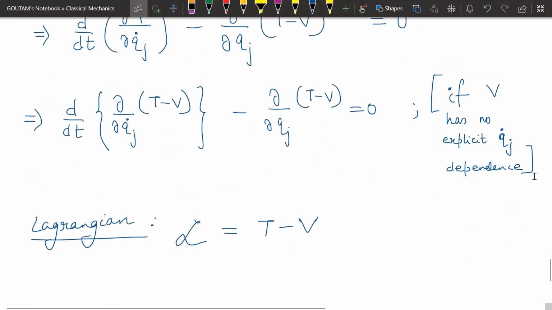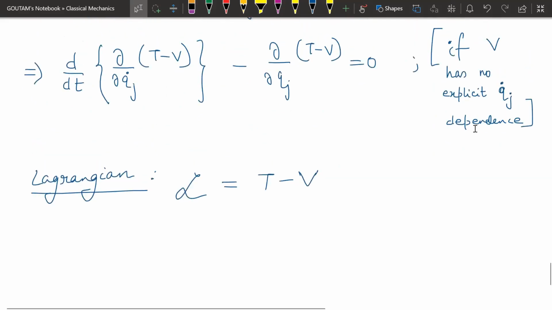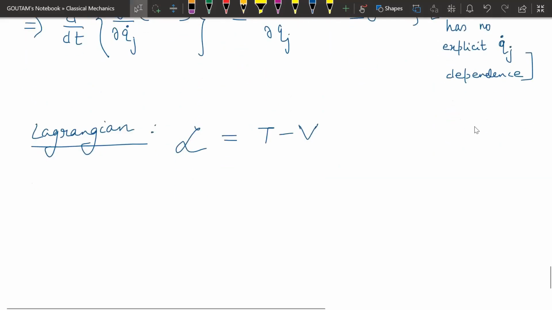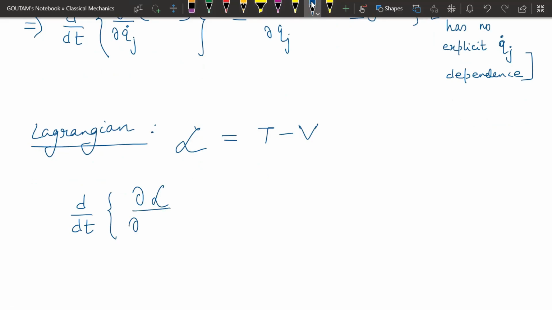So in that case, this equation will become d/dt of del L del qj dot minus del L del qj equals 0.